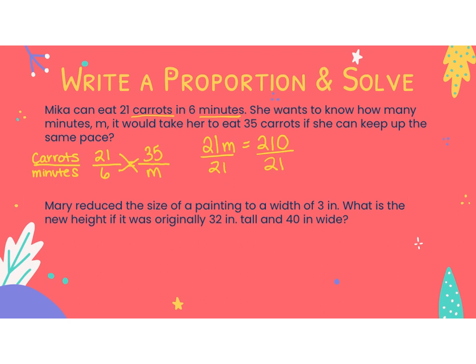This will help me get my variable M by itself. The two 21s on the left are going to cancel each other out. And we're left with just M. 210 divided by 21 is 10. So it would take Micah 10 minutes to eat 35 carrots.